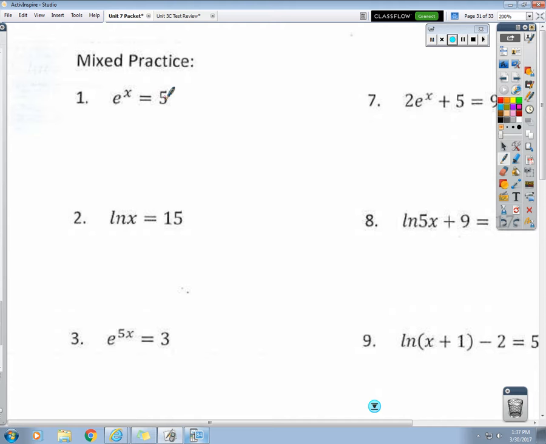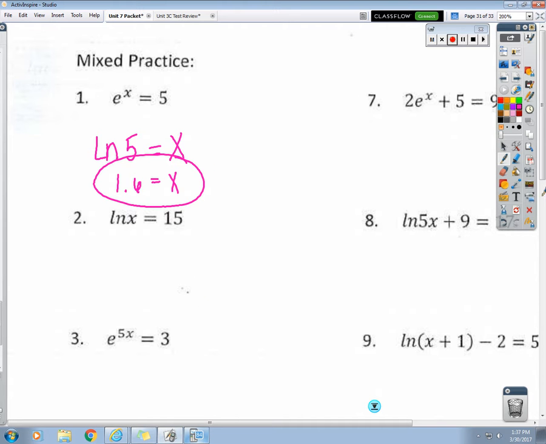It's currently in what form? Exponential, but when I rewrite it into log form, it's what kind of log? Natural log. Of what? And so that's the answer, but if it doesn't have it written like that, you may just have to type in ln 5, and it's equal to what decimal?